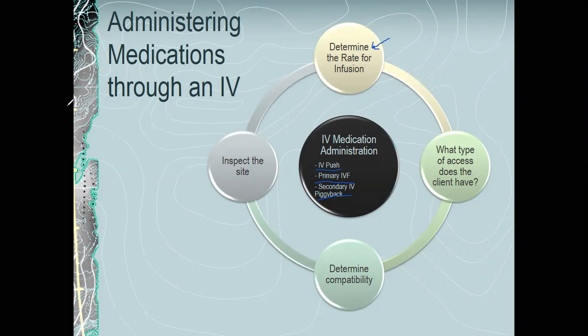So it's really medication specific as far as the rate. So for IV push, determine your rate. Primary IV fluids are going to have an ordered rate with them. And then secondary IV piggybacks and these intermittent medications are also going to be medication specific.